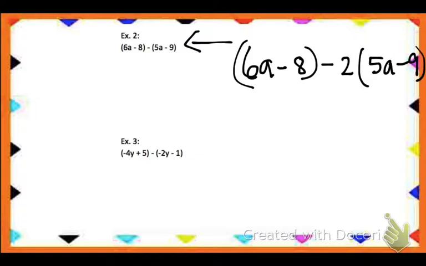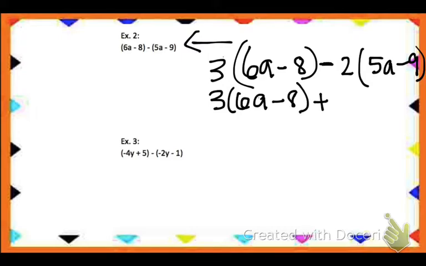And just for kicks, let's make this 3 outside of the 6a. So now we're still noticing this subtraction sign, so I'm going to keep, change, and then do the opposite, and it'll be negative 5a plus 9 that I'm distributing to.